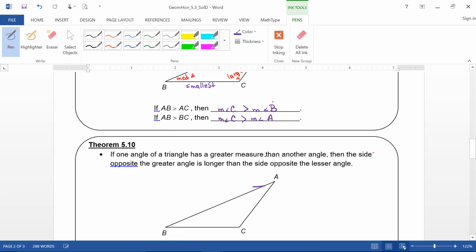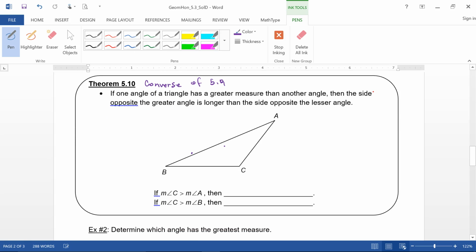All right, so this theorem now is the converse. So what would the converse say? If one angle is larger than another angle, then the side opposite to it is larger than the side opposite to that one. So if measure of angle C is greater than A, then what do we know about the sides?